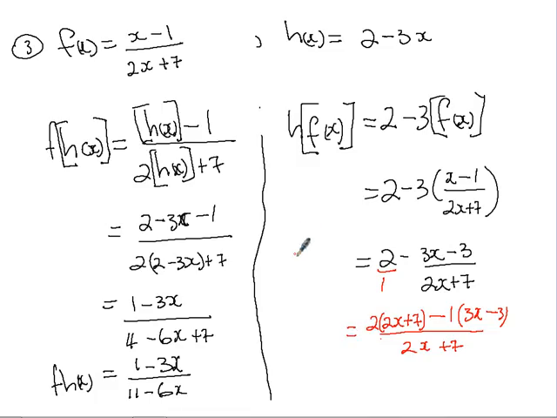And by the way, remember, we have h of f of x right here already. Right, that's it. But if you actually write it as a single fraction, then you can go further with it. Down here now, this is going to be 4x plus 14 minus 3x plus 3 all over 2x plus 7.